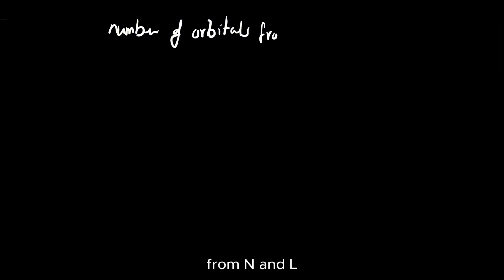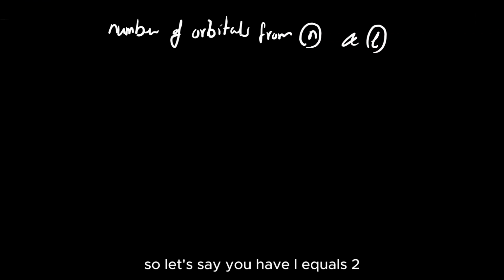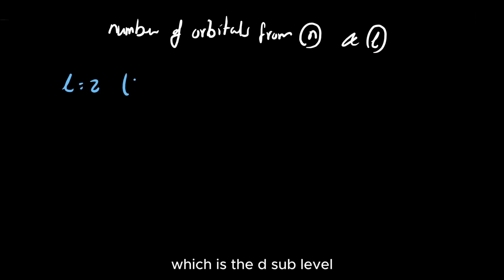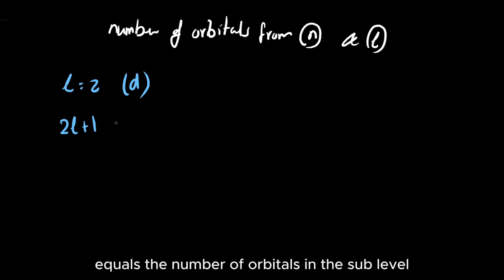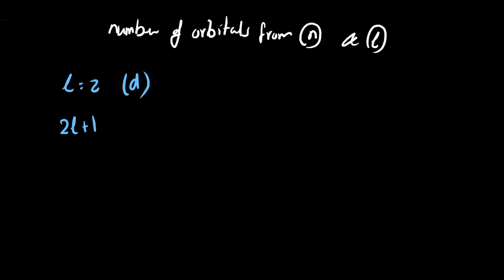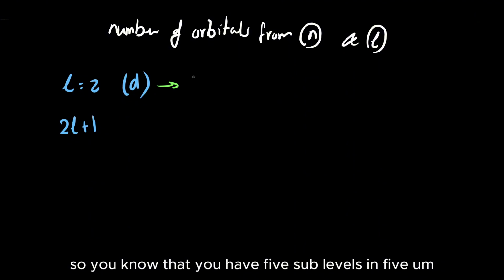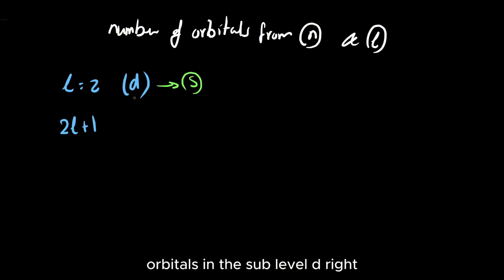Alright, so this is just a quick note on how to get the number of orbitals from n and L. So let's say you have L equals 2, which is the D sublevel. The law says 2L plus 1 equals the number of orbitals in the sublevel. So you know that you have 5 orbitals in the sublevel D, right?